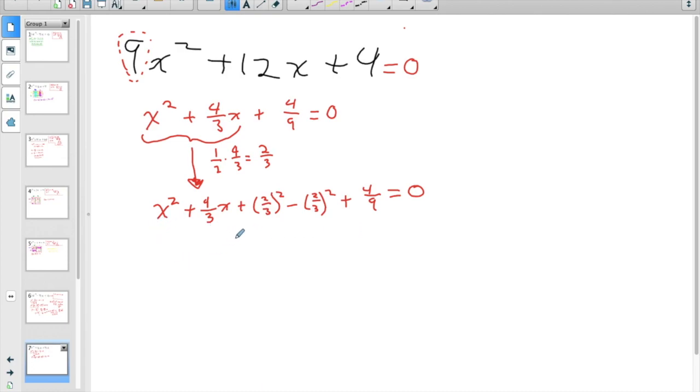Because of the way that we have set this problem up, we are going to be using the fact that we know a plus b squared is a squared plus 2ab plus b squared.